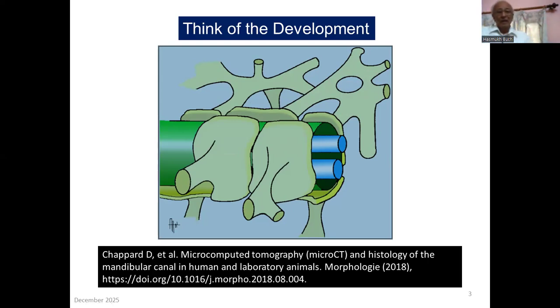So, if there are two inferior alveolar neurovascular bundles anywhere, then around each one the cancellous bone will develop.